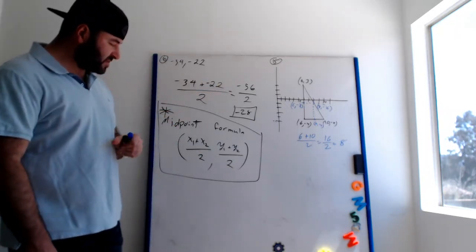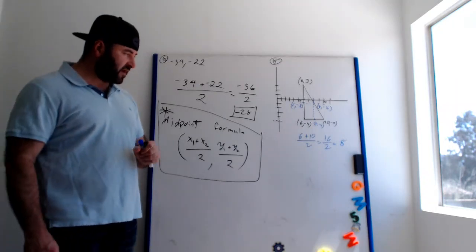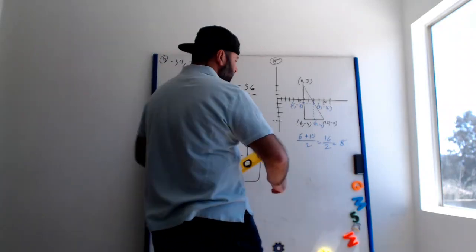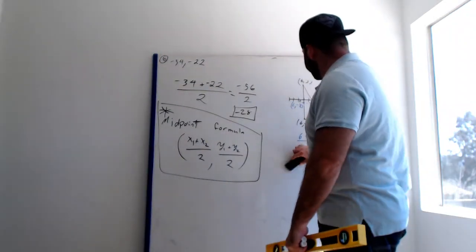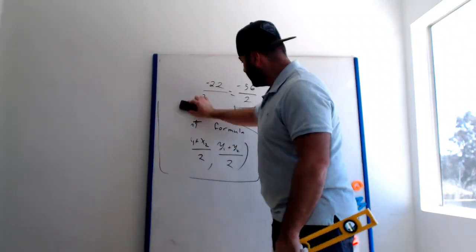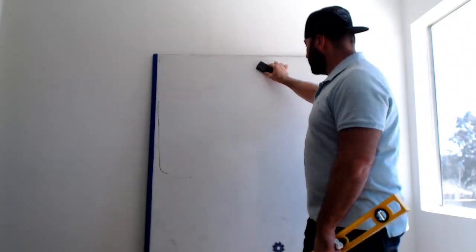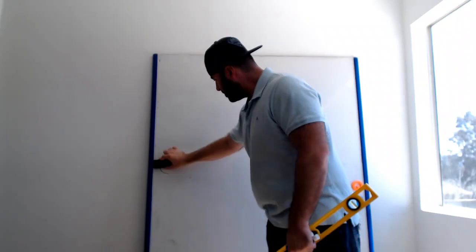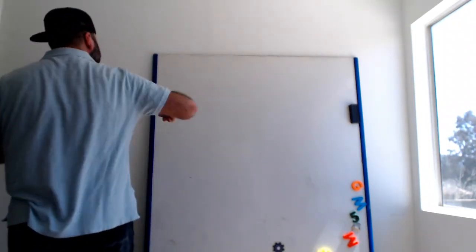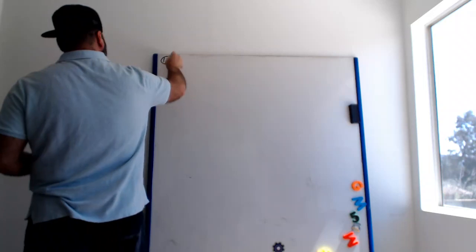I'm going to move on to 19 and 25, which are a little trickier. So let's go ahead and I'm going to erase all this. Okay, cool. So now let's take a look at number 19. 19 asks us to draw parallel lines and set up some proportions.